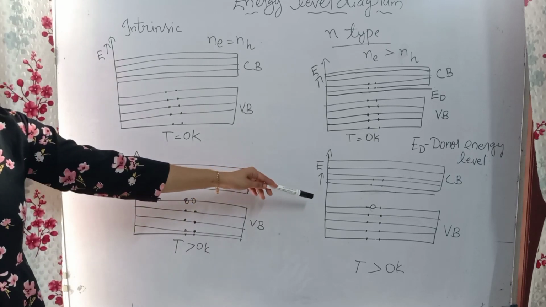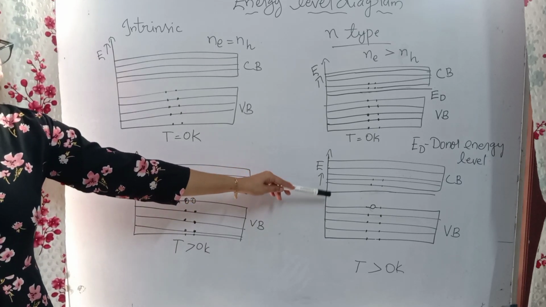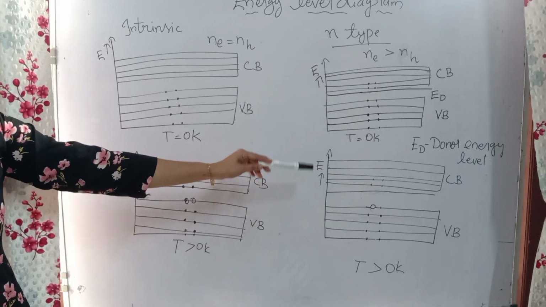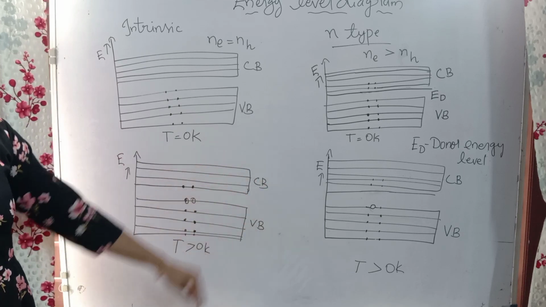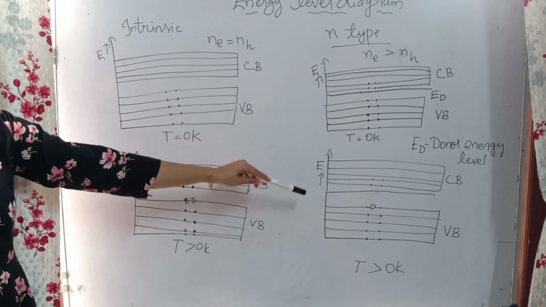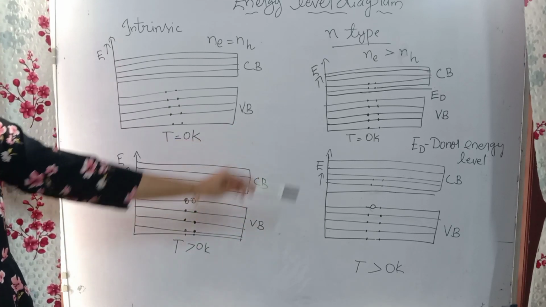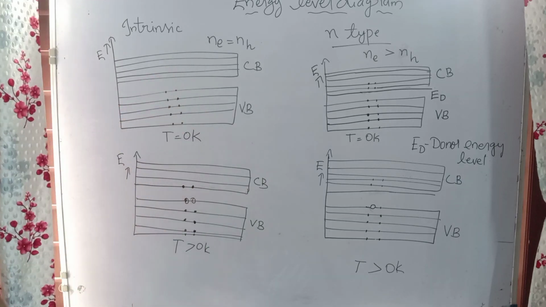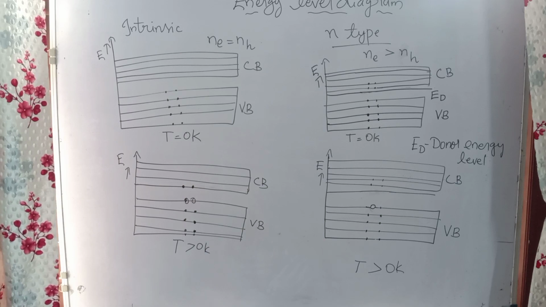Here the electrons have moved from the valence band to the conduction band, creating a vacancy. That means it will act as a hole, a positive charge. But there are more electrons, which is why we can say Ne is greater than NH, that is, the number of electrons is more than the number of holes.